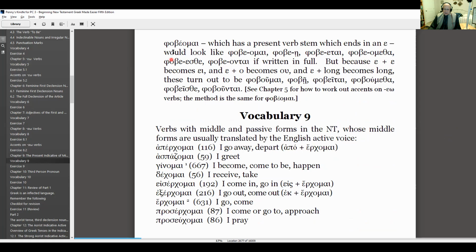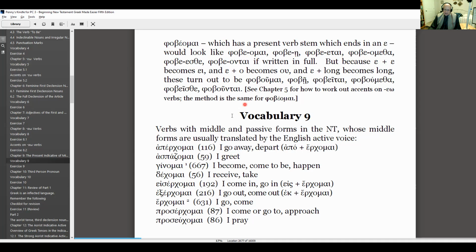There's one exception, or actually three, but this one is an epsilon omega verb, except it's an epsilon omai verb. There is actually an active, but usually we have this middle and passive of phobe omai, and the contractions will make it similar with the contraction rules.